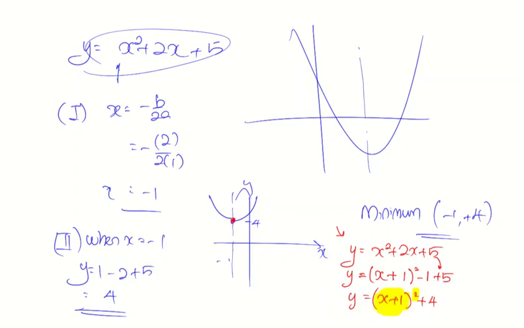So the smallest possible value of this group is 0. 0 plus 4. The minimum value of y must be 4. This is the minimum value of y.